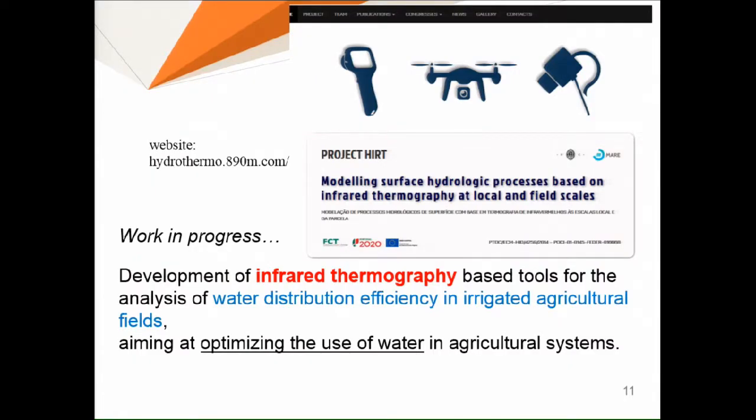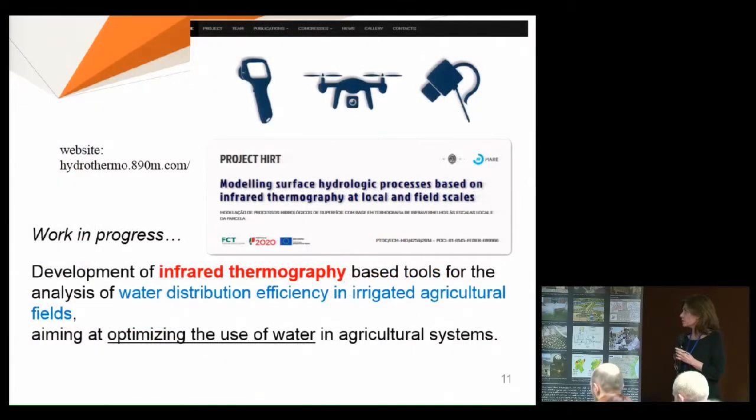Now, with these and other applications as a background, we joined some colleagues from the Agriculture College from our town, so from the Polytechnic Institute of Coimbra, and we are now conducting, this is, I must stress, work in progress, work within a research project that is funded by the Portuguese Foundation for Science and Technology on modeling surface hydrologic processes based on infrared thermography at local and field scales.